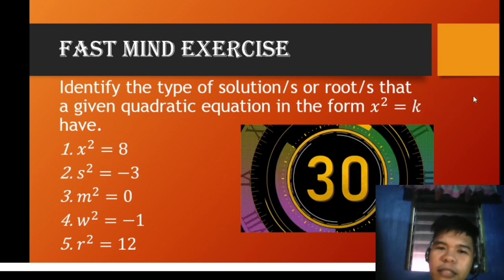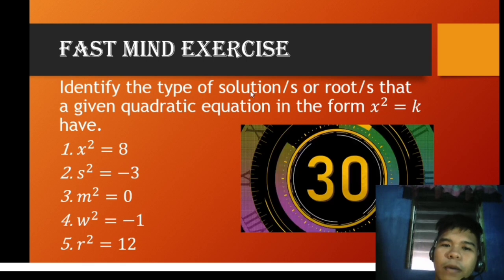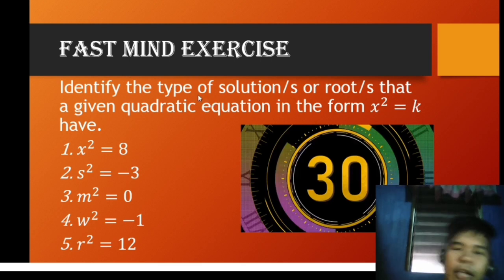So again, let us review before we proceed. If the value of k is greater than 0, then we have two real roots or two real solutions. So if k is greater than 0, you just write it has two real solutions or roots, any of the two.